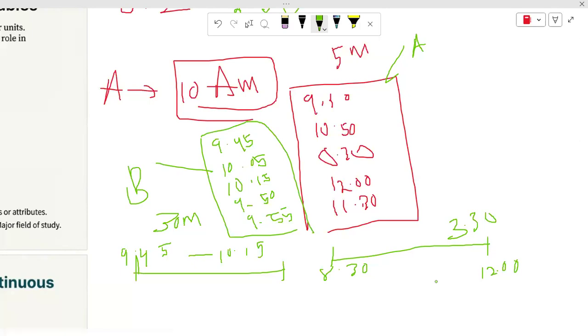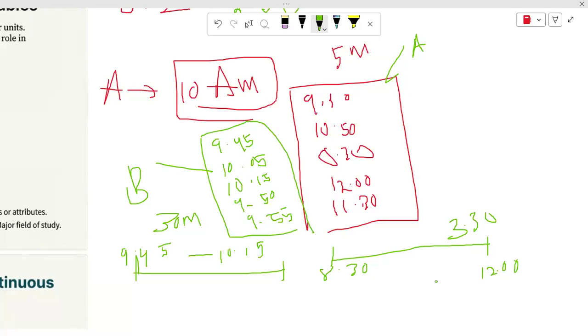Why do you say that conclusion? Because his time variation is less for Mr. B. Time variation for Mr. A is too long, right?